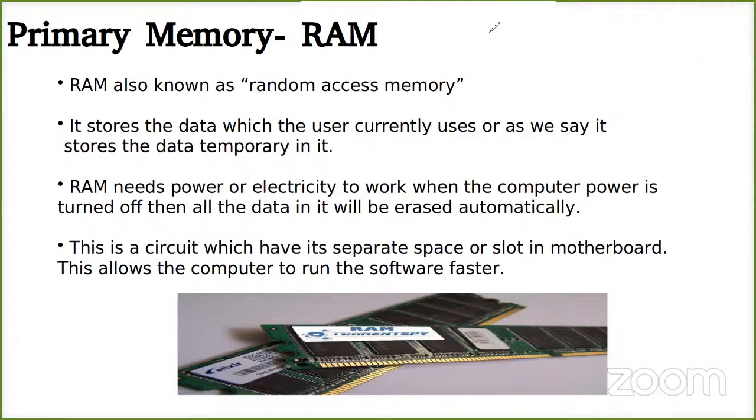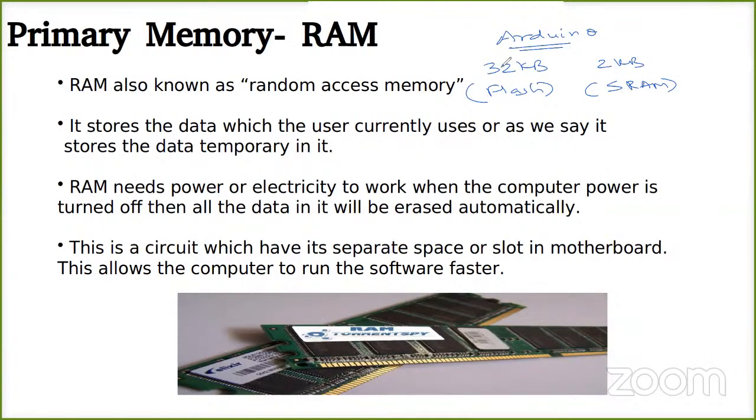If I talk of Arduino, since we're going to use Arduino on Friday, the Arduino has 32 kilobytes of flash memory and 2 kilobytes of RAM memory, which I'll call SRAM.